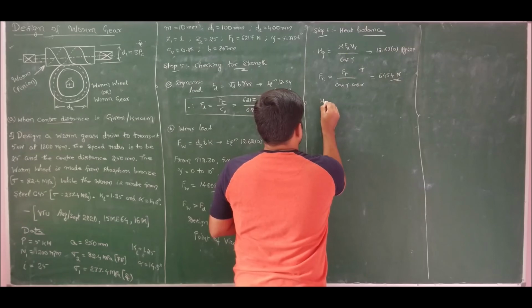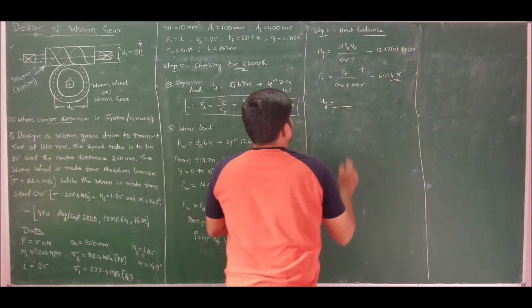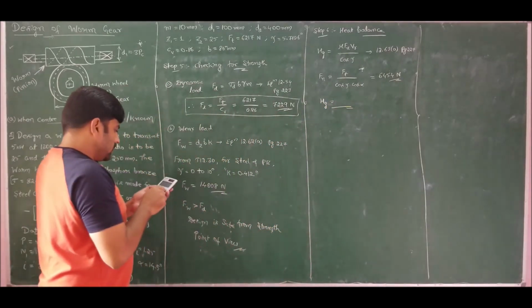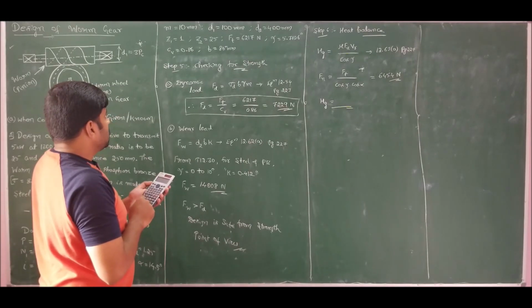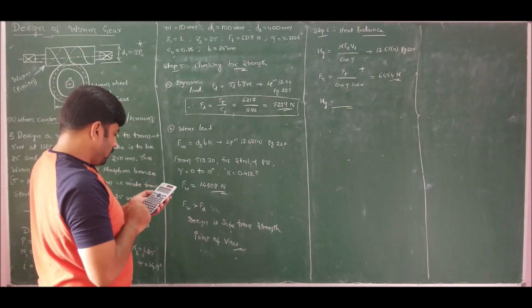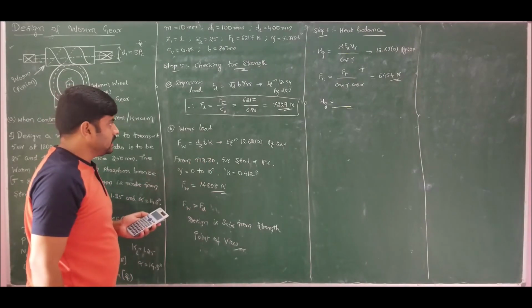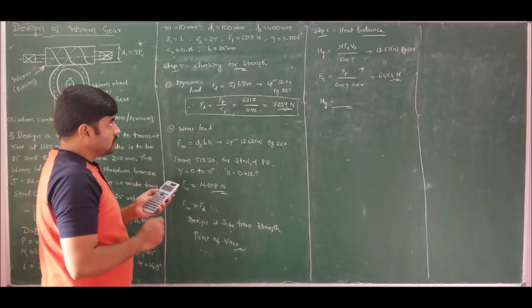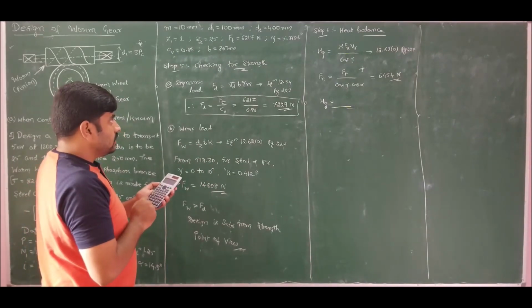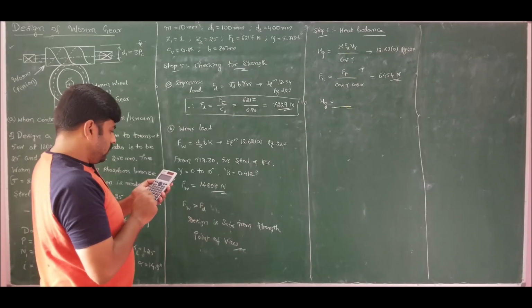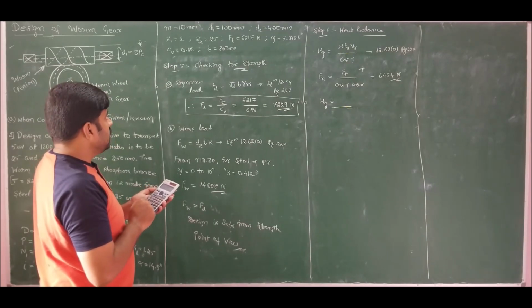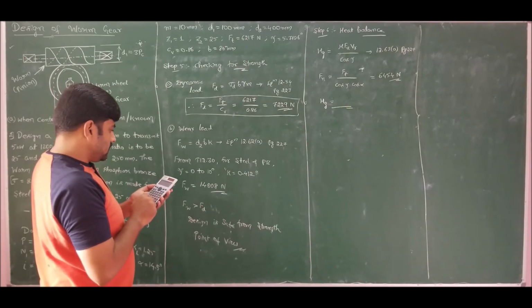So therefore heat generated is, mu is known to us, coefficient of friction mu is 0.046, which we calculated in step number 4, into Fn, which is 6454, into rubbing velocity Vr, which is 6.3145, divided by cos gamma.